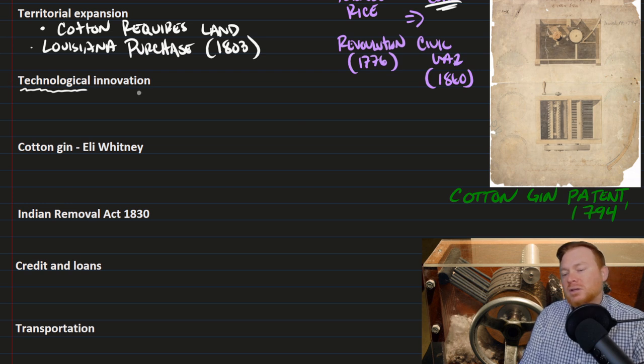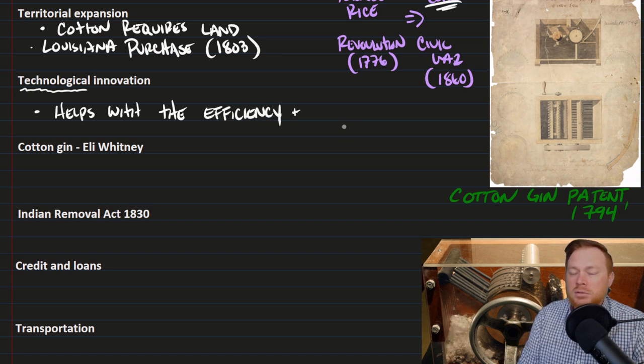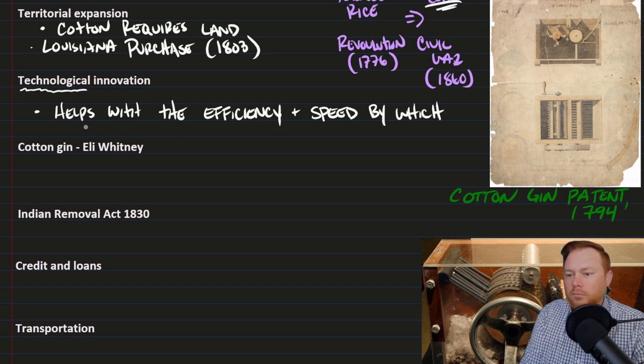We might just say about technological innovation more broadly is that it helps with efficiency and speed, and cotton can be profitable.